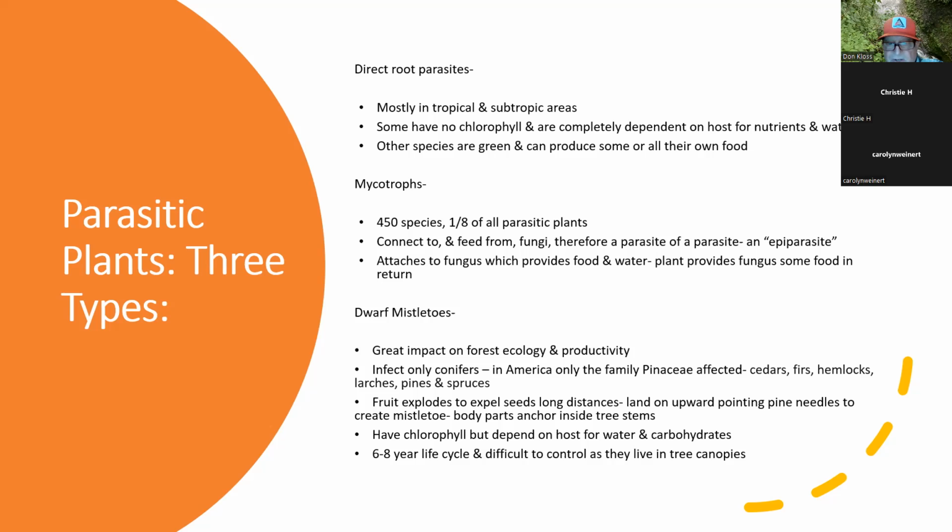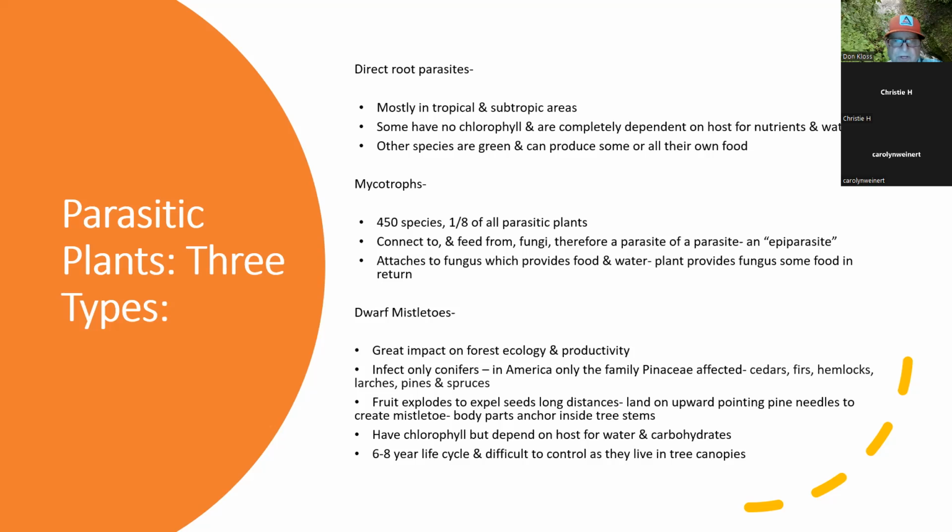These attach to fungus, which provides food and water, and in a little bit of a symbiotic relationship, these plants provide some of their food back to the fungus in return.